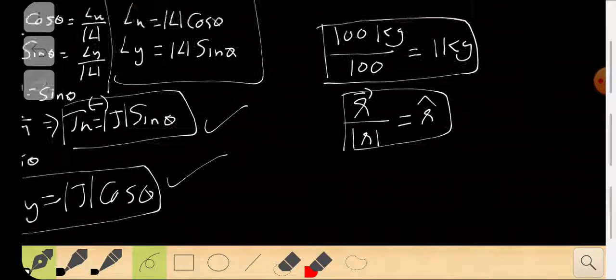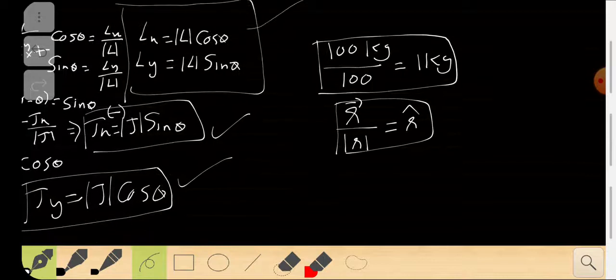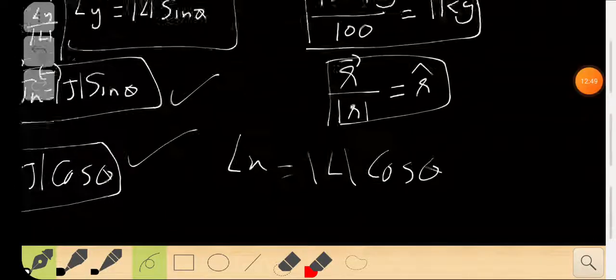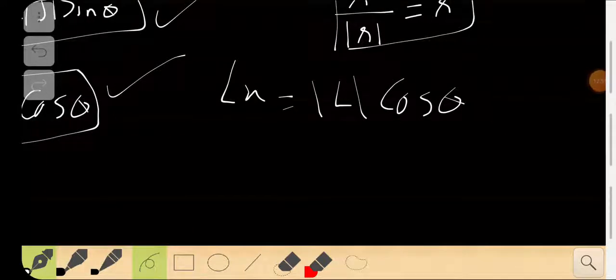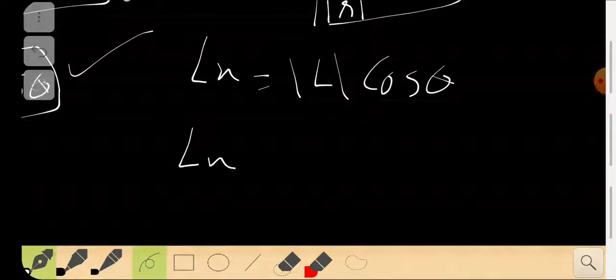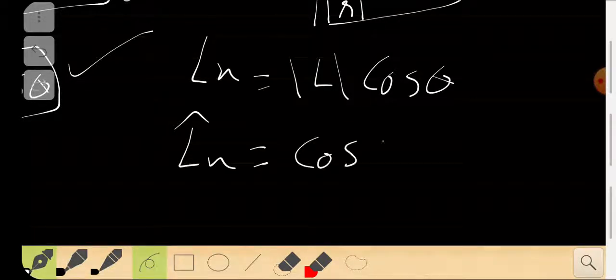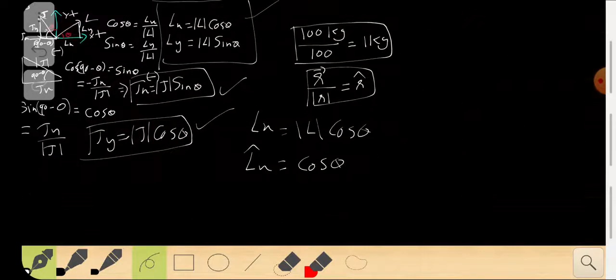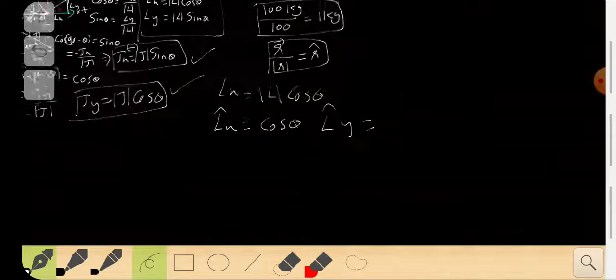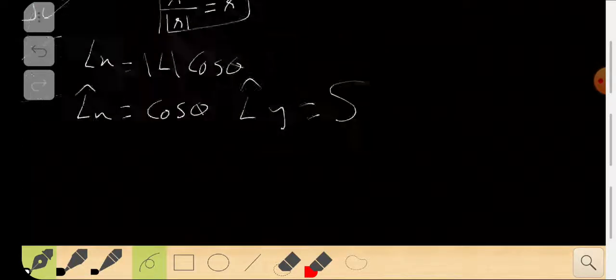So if you look at this equation, you can divide the right hand side and the left hand side. lx is equal to l cos theta. You can divide the left hand side and the right hand side by the magnitude, and you get lx cap, the unit vector, equal to cos theta, right? So similarly, if you do all that, you get ly cap, which is equal to sin theta, right?